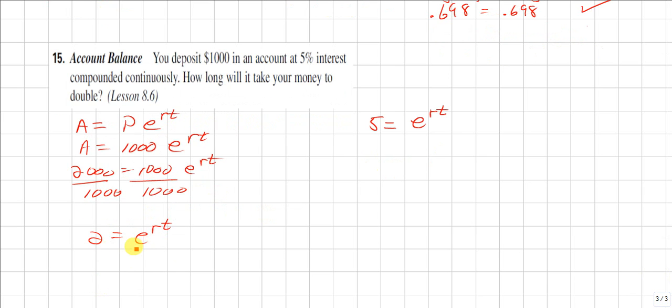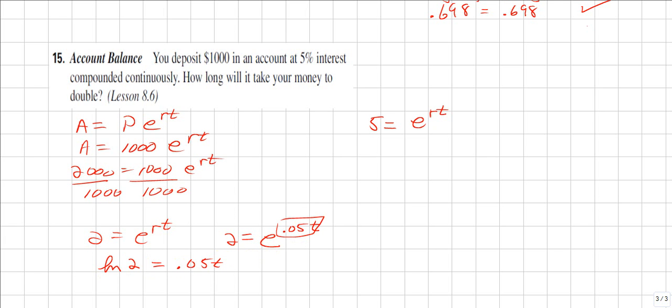Anyway, let's go ahead and solve this. So what I have is 2 is equal to e, and my interest rate is 5%. That's 0.05 to the t. And I want to get the t out of there, out of the exponential. So I'm going to change it to a logarithm. So I have ln. The 2 moves inside the log, and on the outside, I would have what's in the exponent here. So that would be 0.05 t.